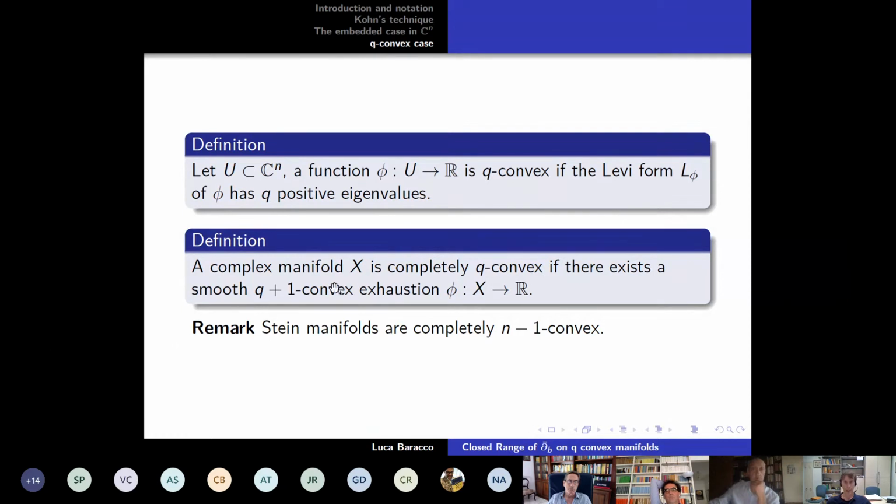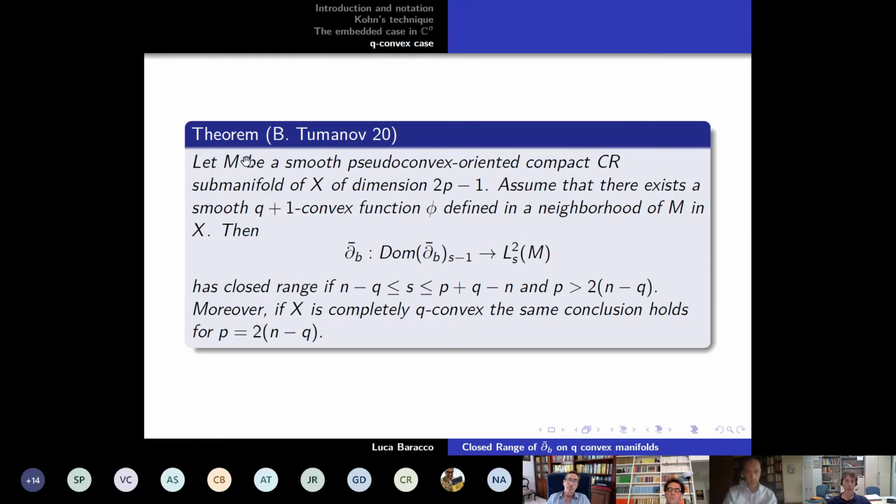We say that a complex manifold X is completely q-convex if there exists a smooth q+1 convex exhaustion phi on X. So with these definitions, we have that Stein manifolds are completely n-1 convex. So we have this theorem.